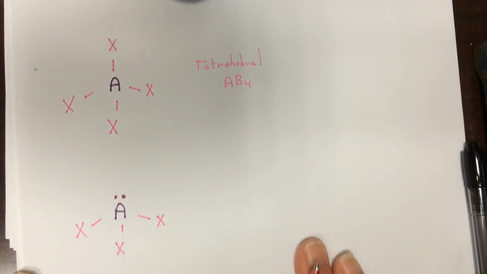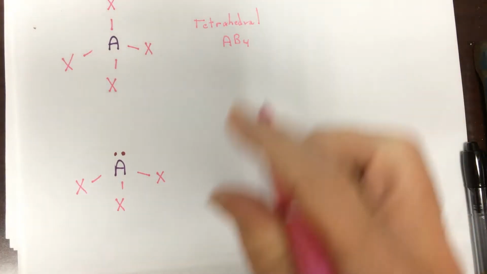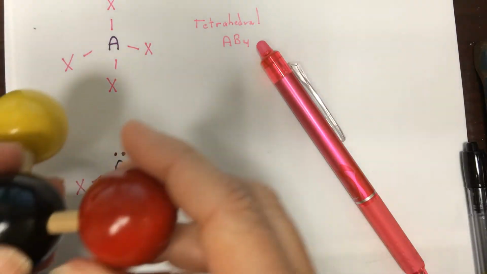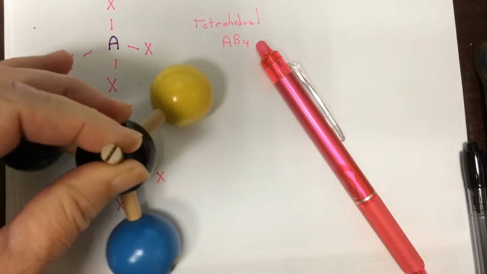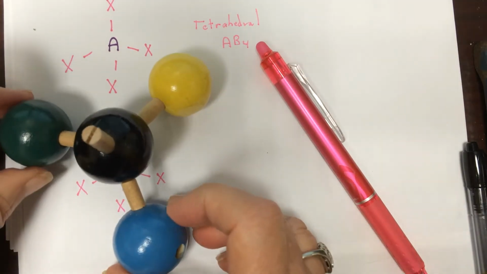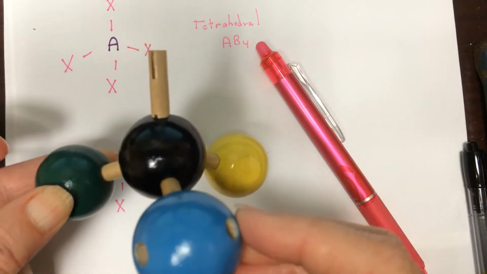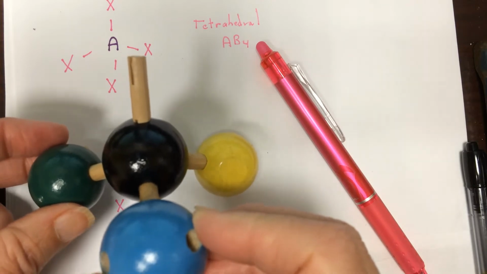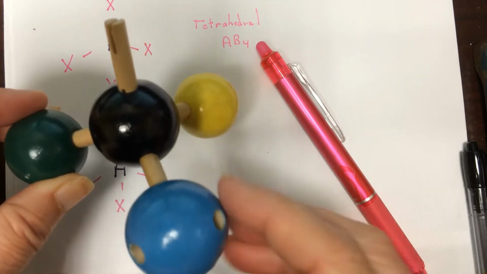What if we have this Lewis structure? Here we've got three bonded atoms and a lone pair. So let me remove one of my atoms and see what shape we have left. Remember, we don't see the lone pair. So what we have here is a trigonal pyramidal shape. It's trigonal because we have three groups, and it's a pyramid.